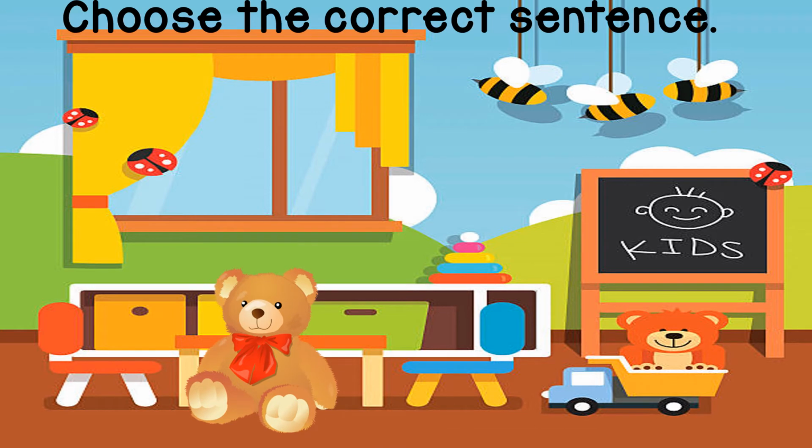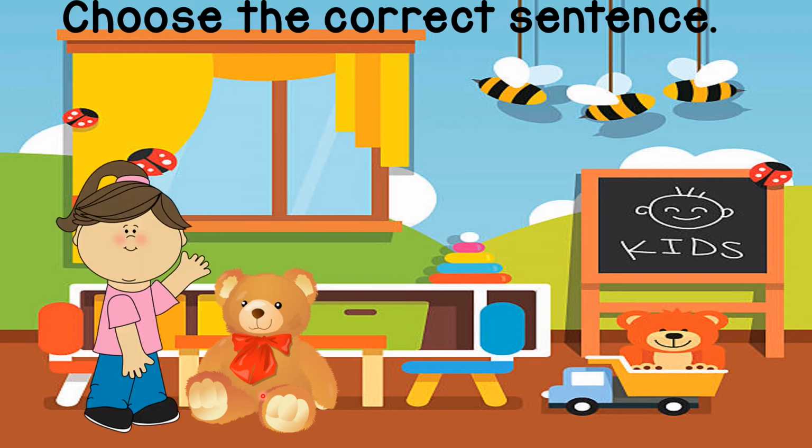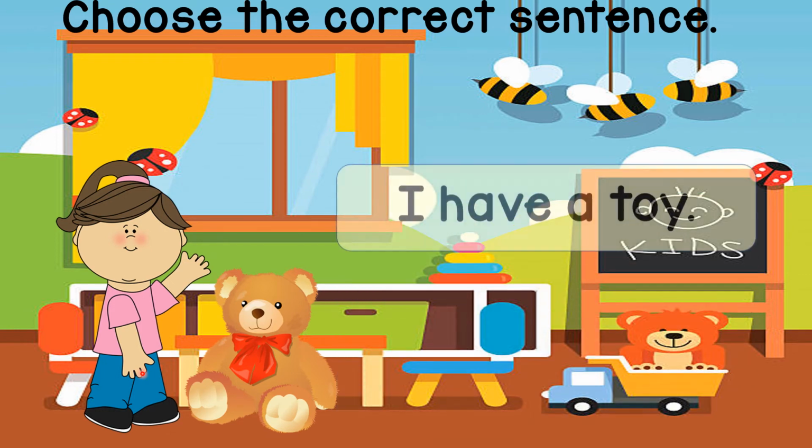Okay, now let's choose the correct sentence. There's a toy, but whose toy? Which one is the best sentence? The girl represents I, so which one is the answer?